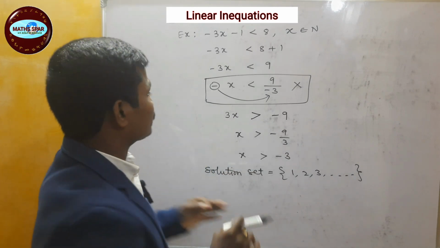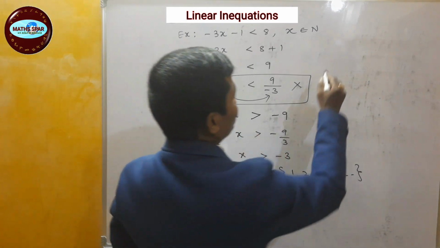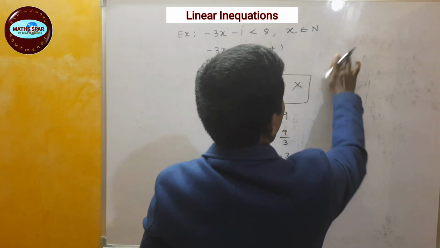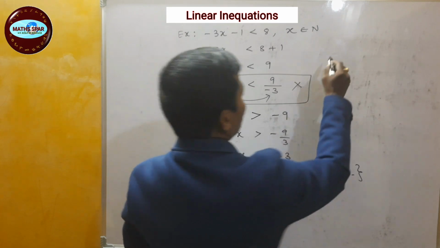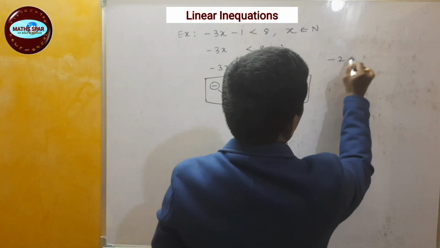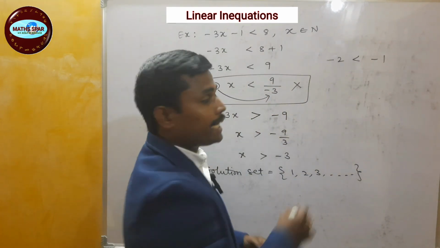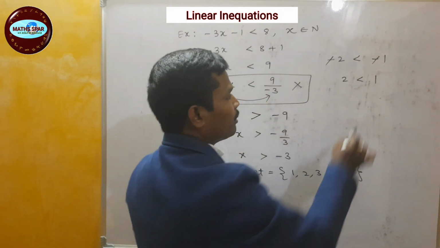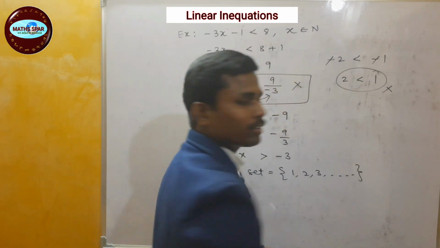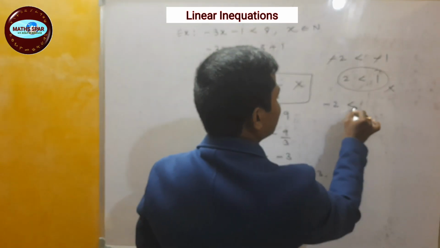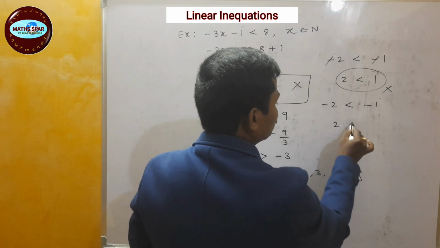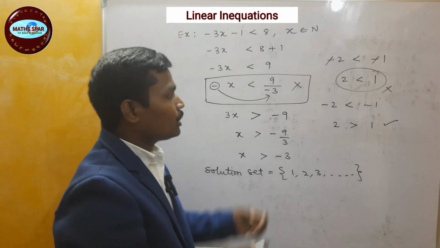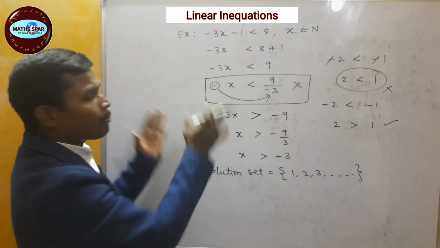So to remember this, I will give you another example. Minus 2 is less than minus 1. It does not mean that you cancel minus on both sides and write 2 is less than 1, which is absolutely wrong. Whenever minus 2 is less than minus 1, you will write plus 2 is greater than plus 1, which will be correct. In the same way, how do we remember such things?